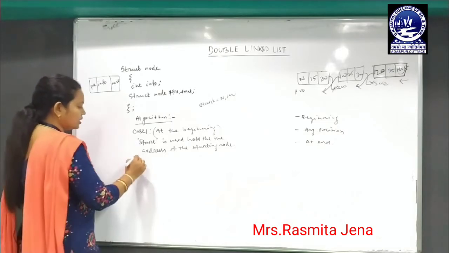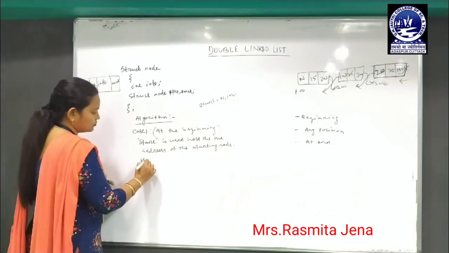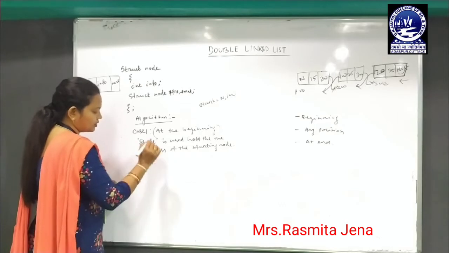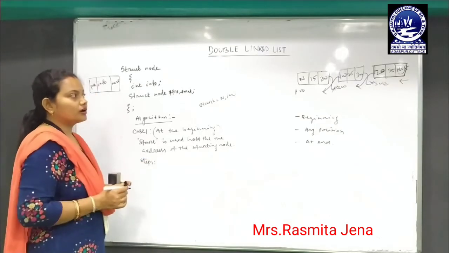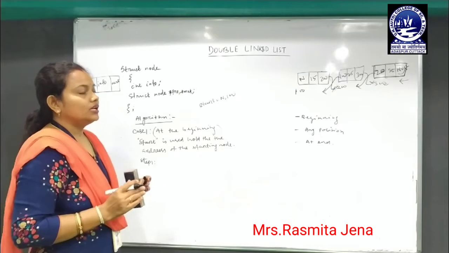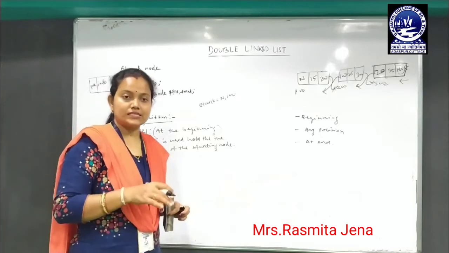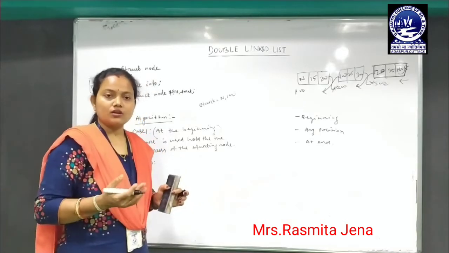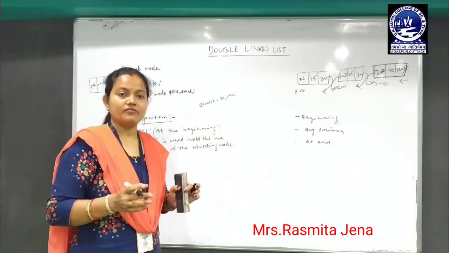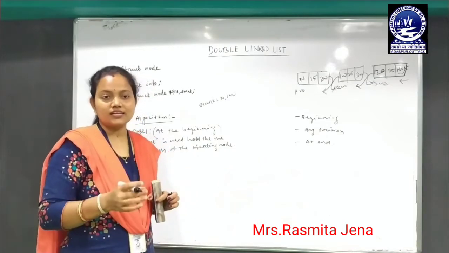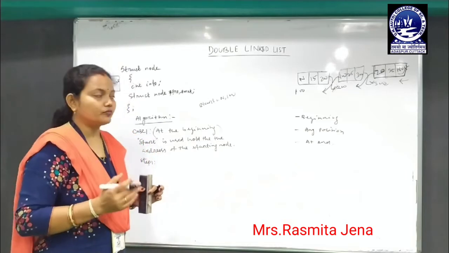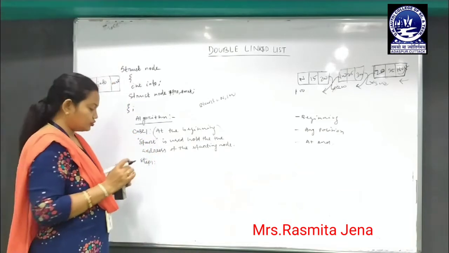Okay, so then we will start our steps for case 1. Step 1. In step 1 we must have a new node which is to be inserted. In case 1 or case 2 or case 3 we must have a new node which will be inserted at a given position, at the beginning, end or at any position.